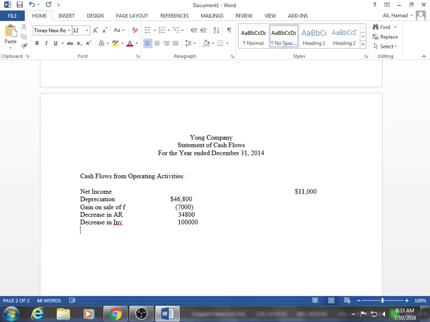All right, and then we have prepaid rent. That's an asset. Did it go up or down? Down by 1,000, which means it's a positive, correct? So decrease in prepaid rent for 1,000.